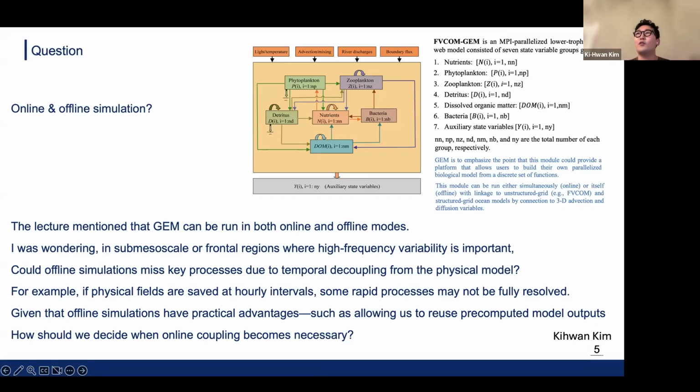In the lecture they also mentioned that with the gem model, we can use another forcing like HYCOM or any other forcing. So I wonder when we have to use the online model to consider the physical things.